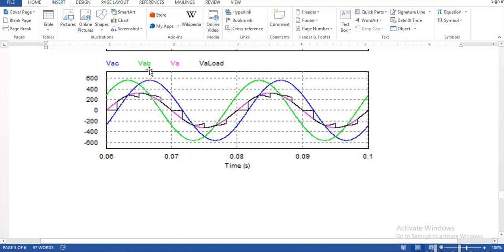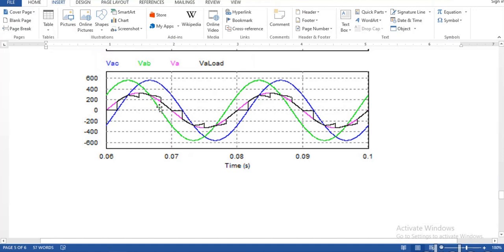Whereas at some points, it is coinciding with VAB divided by 2. You can see that the VA load, which is in black color, is VAB divided by 2 here, whereas at some points it is VAC divided by 2.